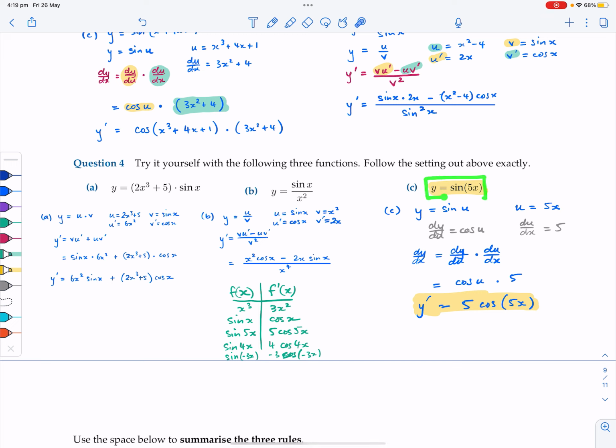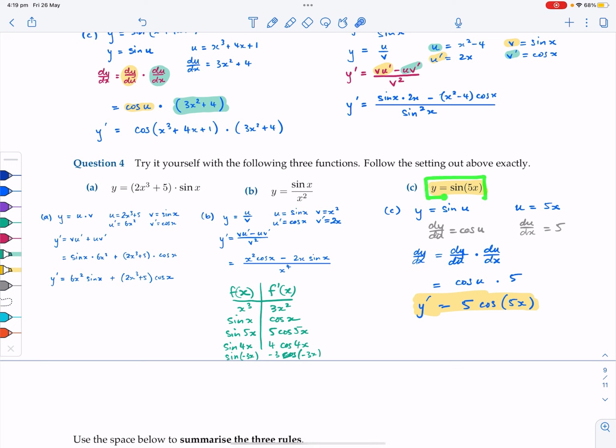Question 5. So try these. It's just more practice. And note that we can get the derivative of sine 3x directly, right? So you should pause and try this before looking at my answers. I'm moving on. All right, so A, y equals u times v. So I've got u equals x to the 5 and v equals sine 3x. u dash is 5x to the 4. v dash is 3 cos 3x.